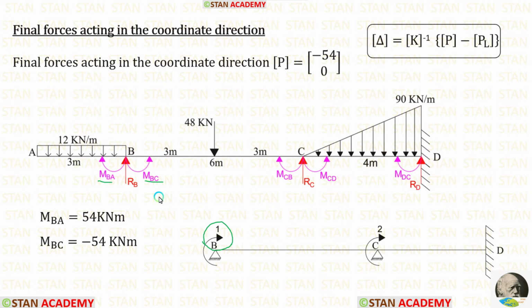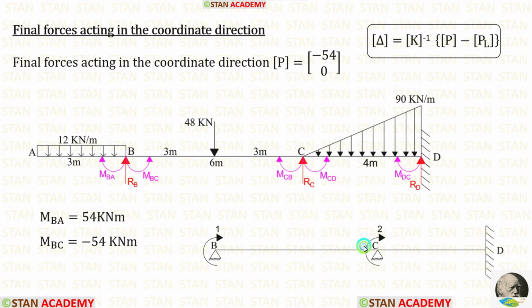Here we may have some confusion about which moment we have to select. MBA is acting in the overhanging span, so we should not consider this. MBC is acting in the span BC, so we must select MBC. MBC is minus 54. Let us apply that.